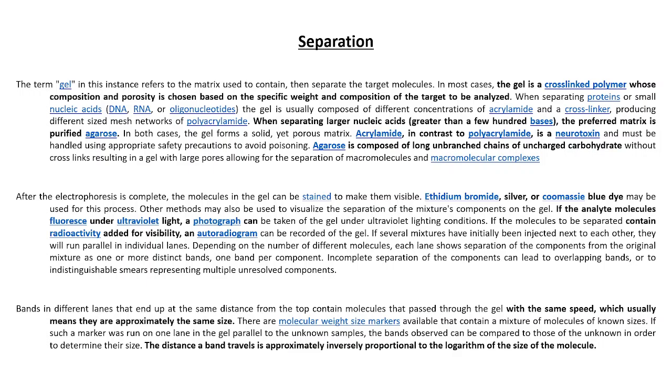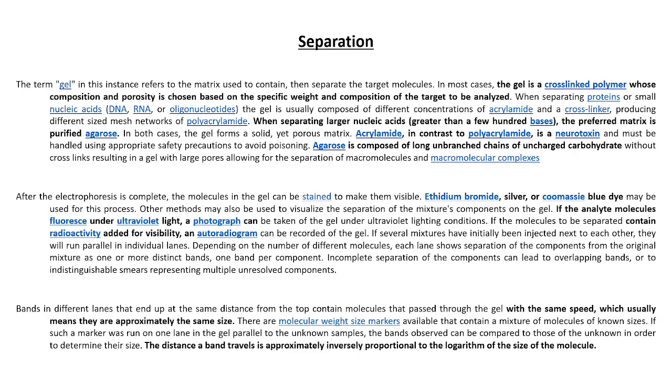But in SDS-PAGE we use acrylamide, which, in contrast to polyacrylamide, is a neurotoxin and must be handled with appropriate safety precautions to avoid poisoning. Agarose is composed of long unbranched chains of uncharged carbohydrates. Then we have some staining agents, some visualizing agents like ethidium bromide, silver, or Coomassie blue dye, which may be used throughout the process.